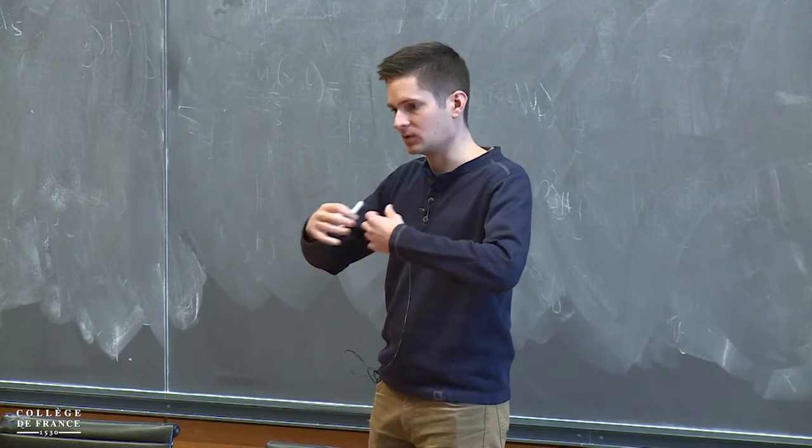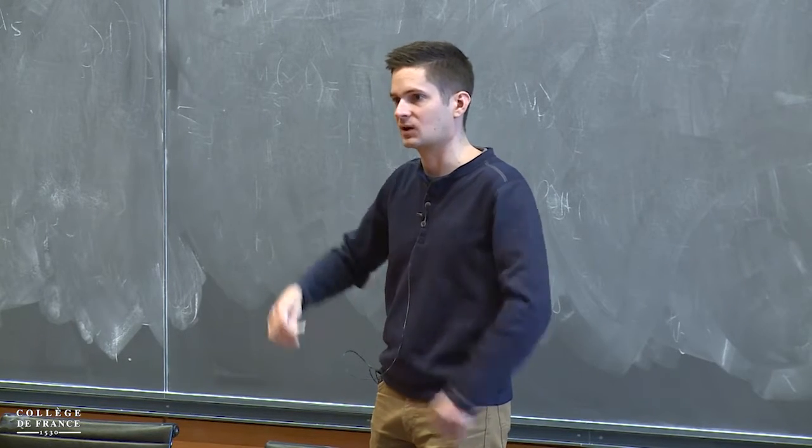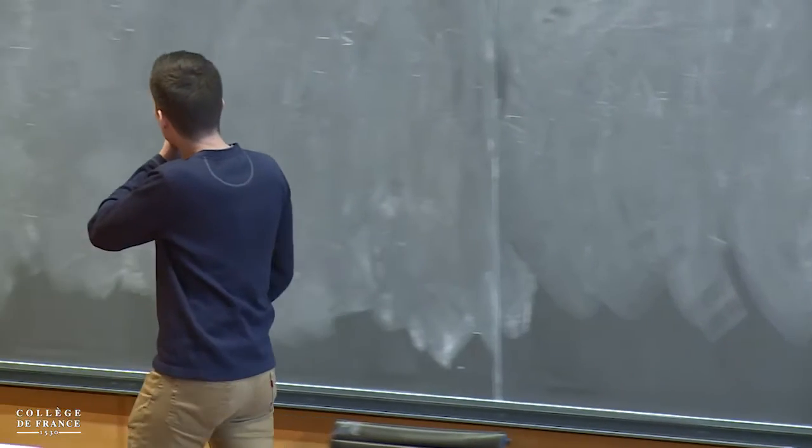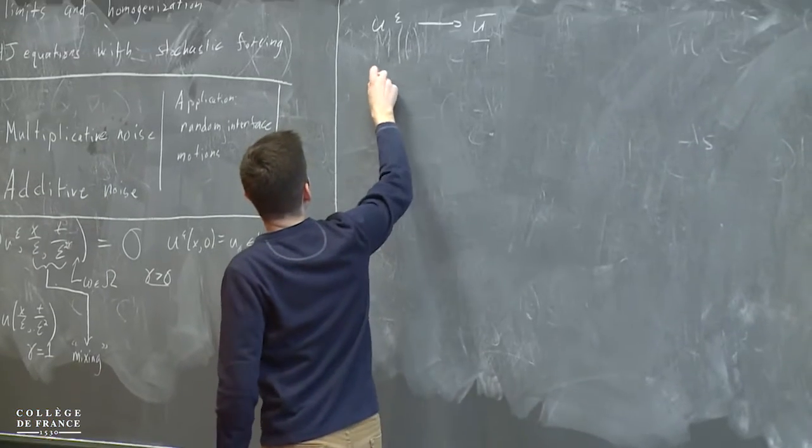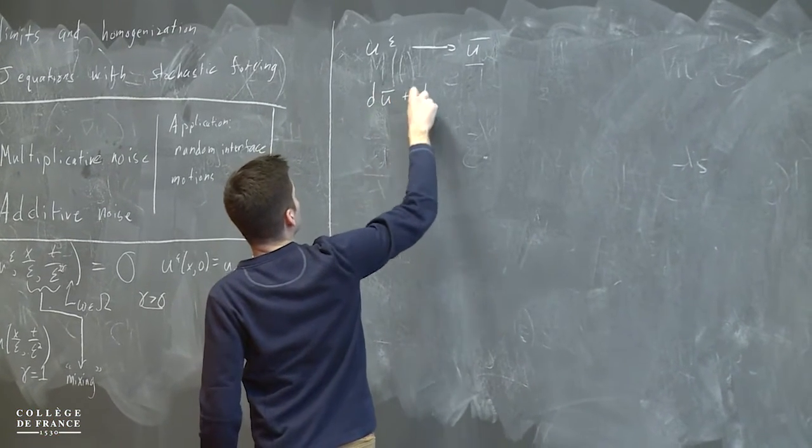So in particular, the temporal noise will become more and more white in time. So all of this will translate to having a limiting object that solves an SPDE of this form.